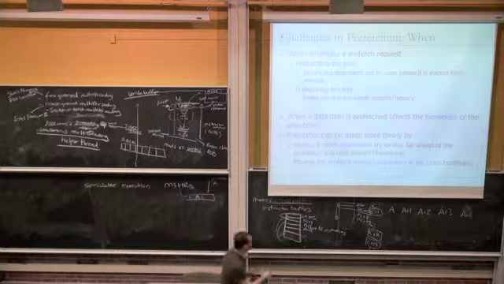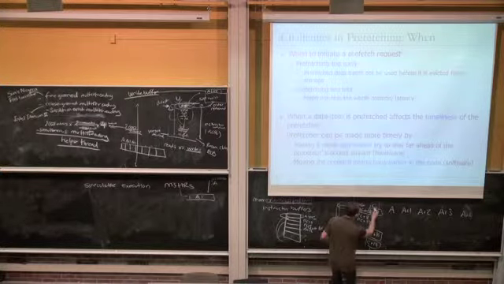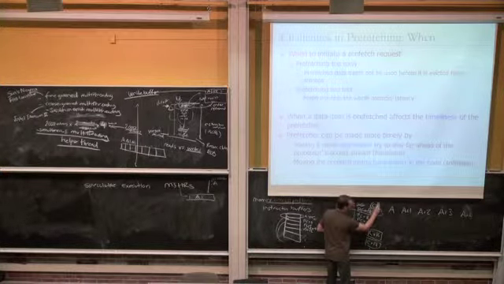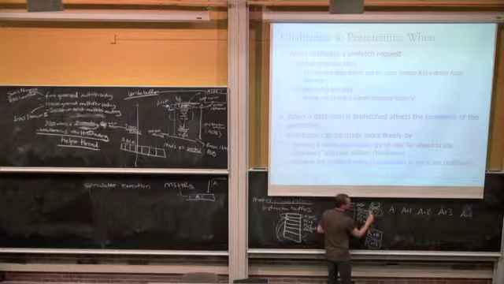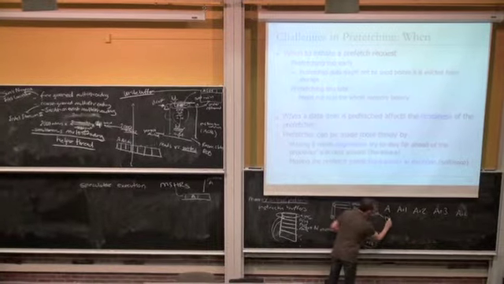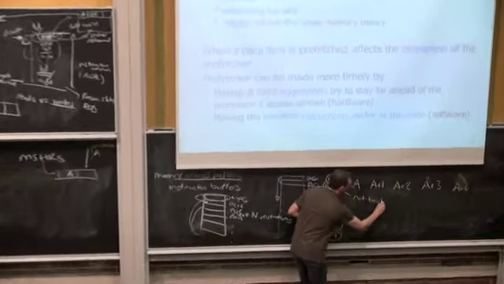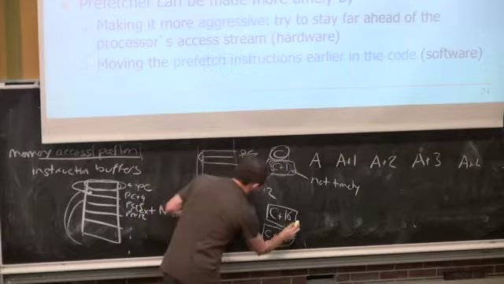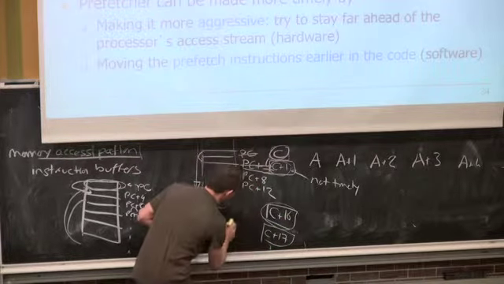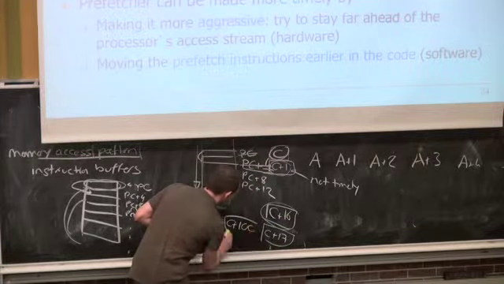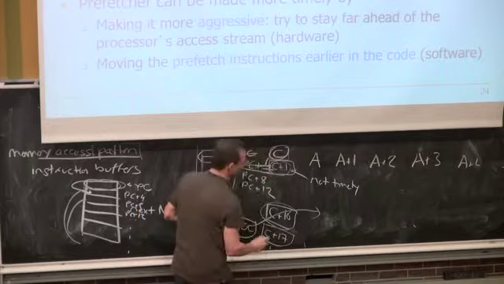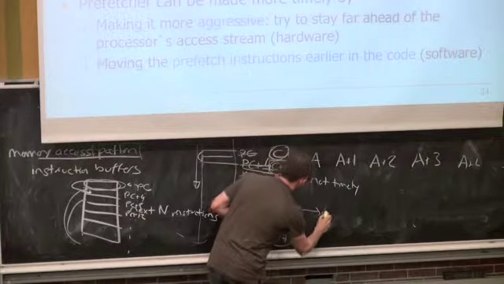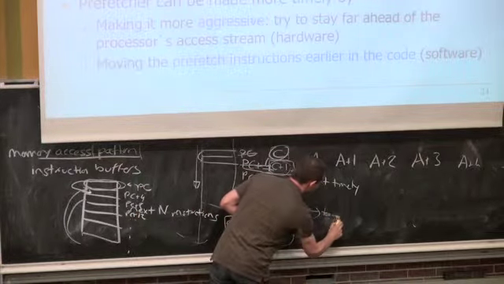So here, for example, if the processor is working on cache block C, prefetching cache block C plus 1 may not be timely, because in the next cycle, the processor is going to access it, probably. Whereas prefetching cache block, let's say C plus 100, may be too aggressive, if you will.